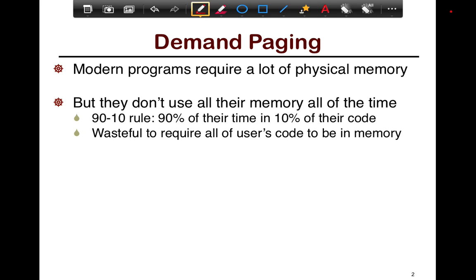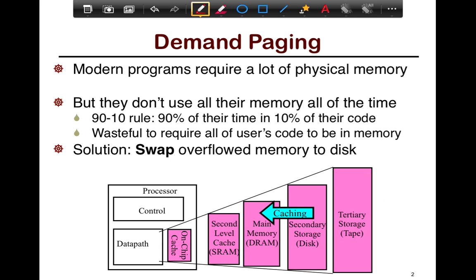The idea behind virtual memory or demand paging is that the solution is to transparently maintain the memory pages between disk and main memory. So you constantly keep moving back and forth between these two using your page table.